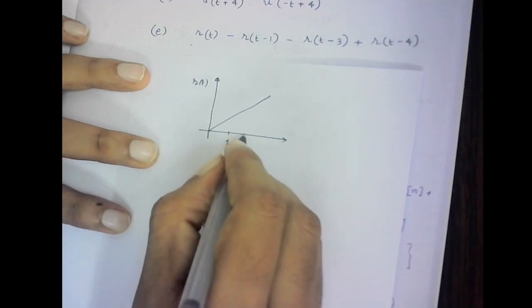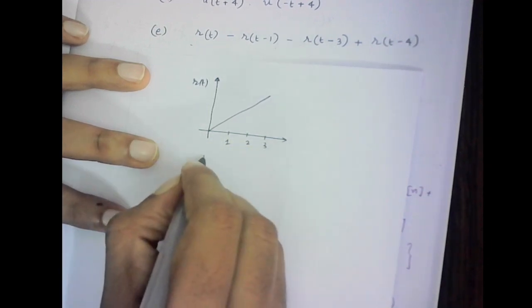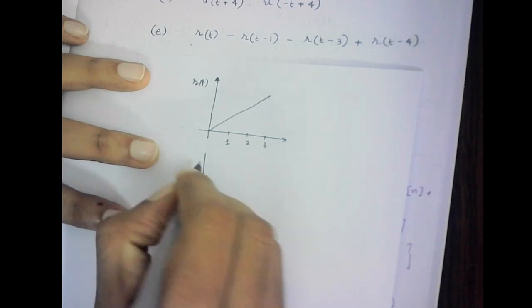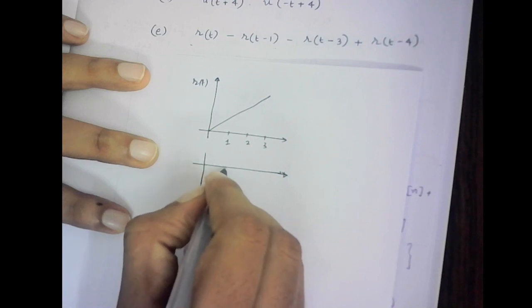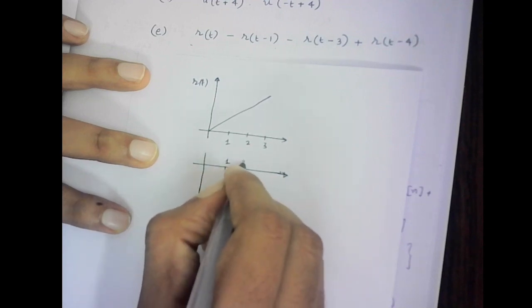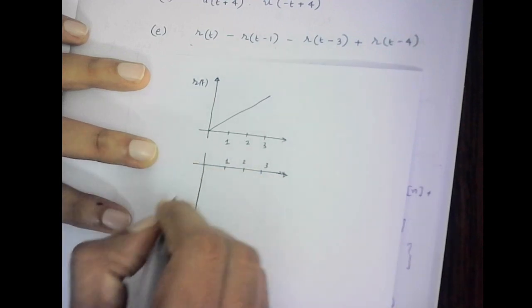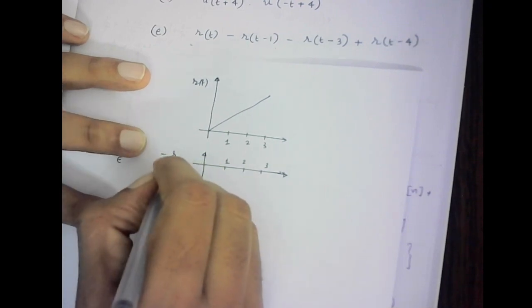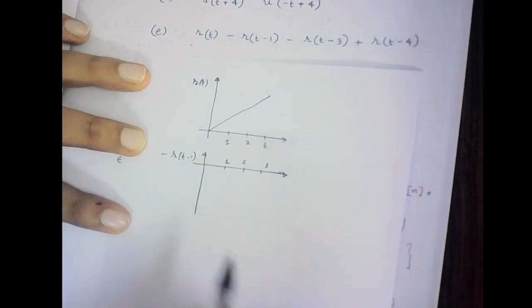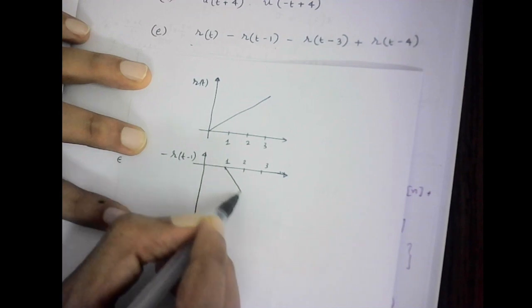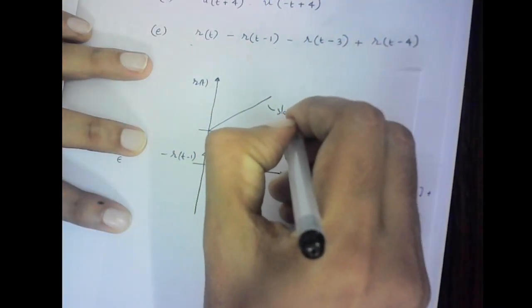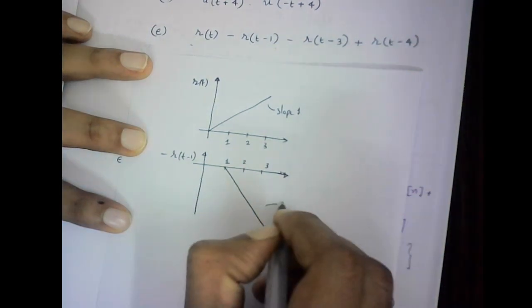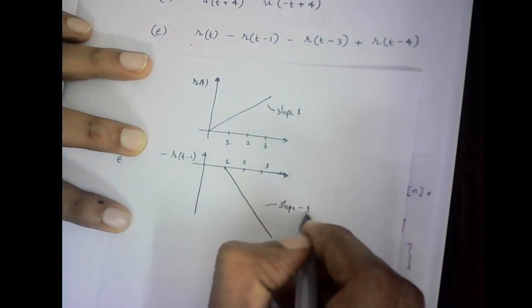So this is 1, 2, 3. So minus r of t minus 1 is a graph which starts from 1. So this is minus r of t minus 1. So it's a graph going like this. So here slope is 1, here slope is minus 1.